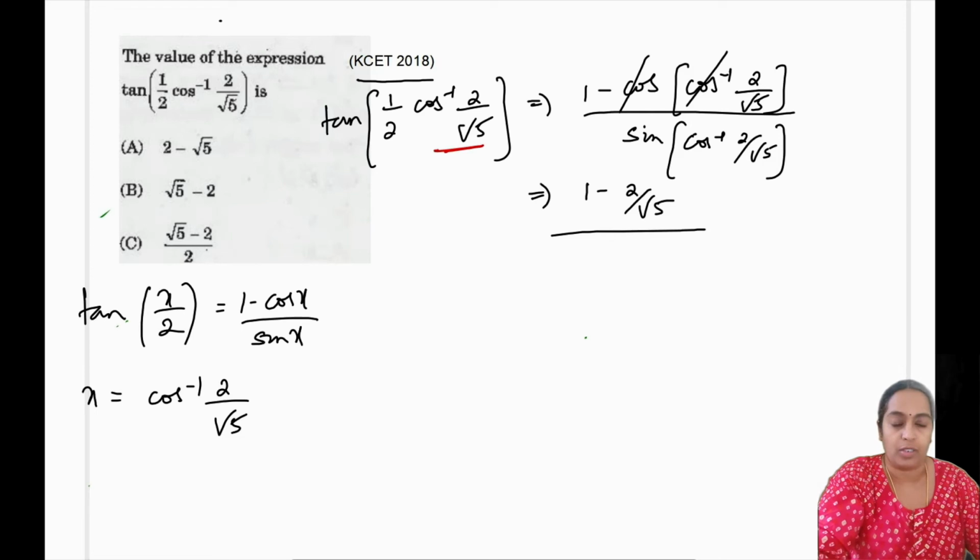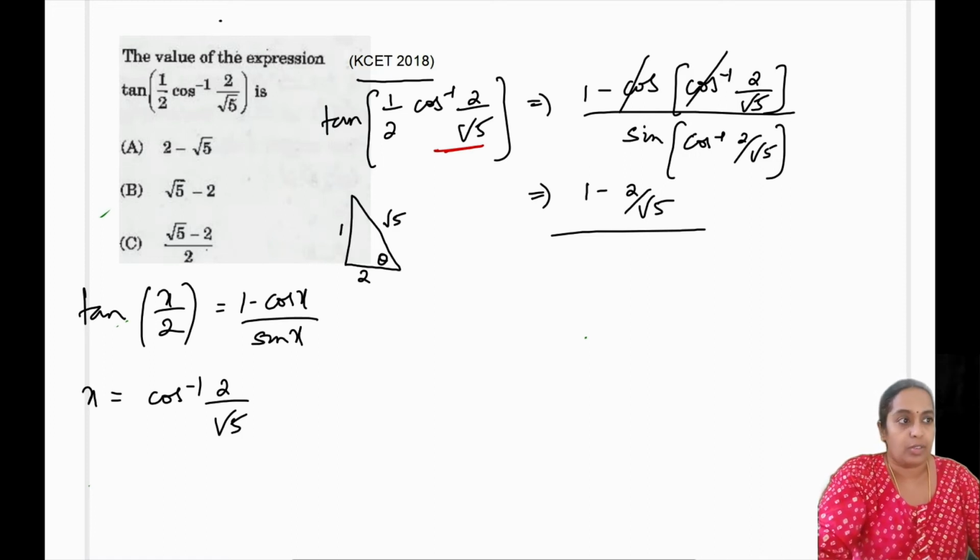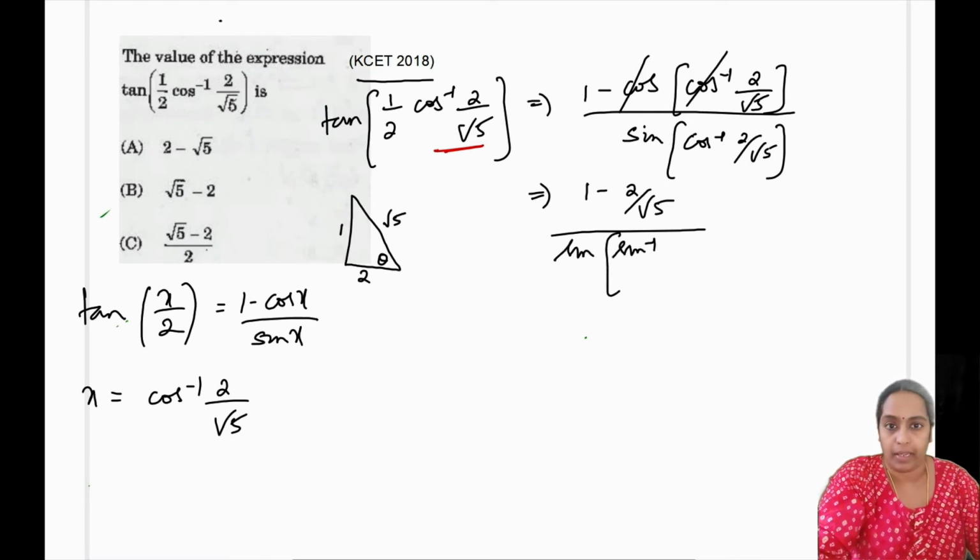So again we need to make a change here. When we look at the right angle triangle, cos theta is 2 by root 5. So the adjacent side is 2, root 5 is your hypotenuse, which means automatically the opposite side is going to be 1. So when we have to write cos inverse as sin inverse, it's going to be opposite by hypotenuse, which is 1 by root 5.